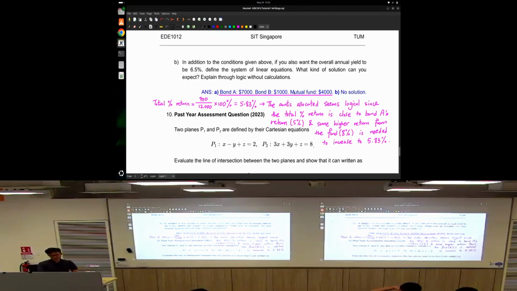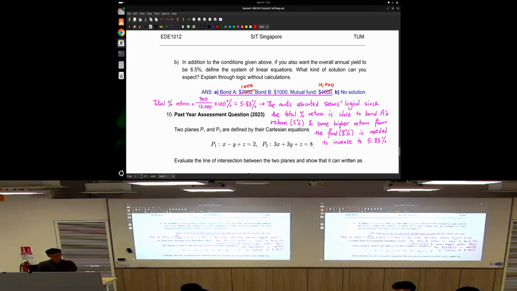What I'm trying to say here is that after you model, then you solve. One way to check the solution, besides substitution and checking that everything is equal, is that now you have to use your logic a bit. Let's say, for example, this one is 1,000, and then this one suddenly becomes 10,000.